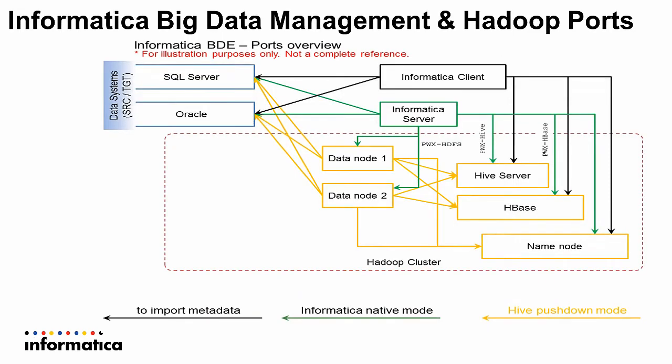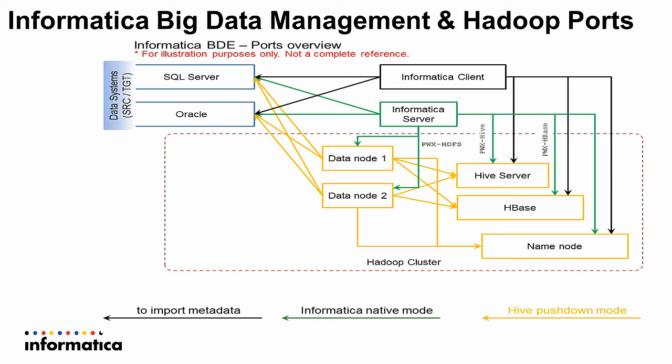In terms of port connectivity, this is labeled as BDE, but it still applies for BDM. This is a very high-level view of how the Informatica server talks with the Hadoop cluster. In green, you see how the Informatica server interacts with the cluster.